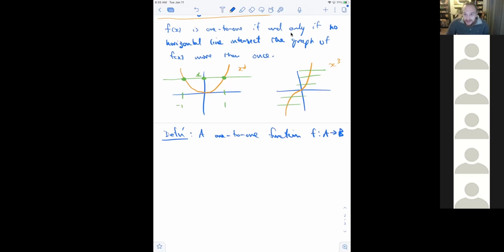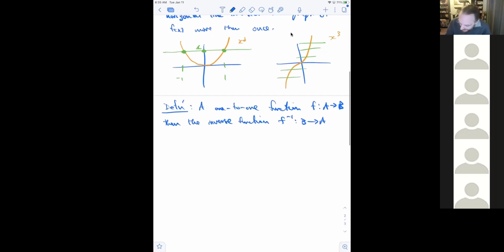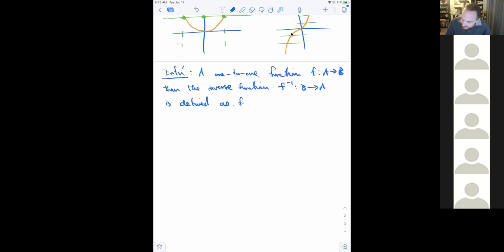If this function is one-to-one on A, then the inverse function f minus 1 goes from B to A. So I already noticed that the domain of f is the range of f inverse, and the range of f is the domain of f inverse. They interchange domains and ranges. It is defined as f inverse of y equals x if and only if f of x equals y, for all y in B.